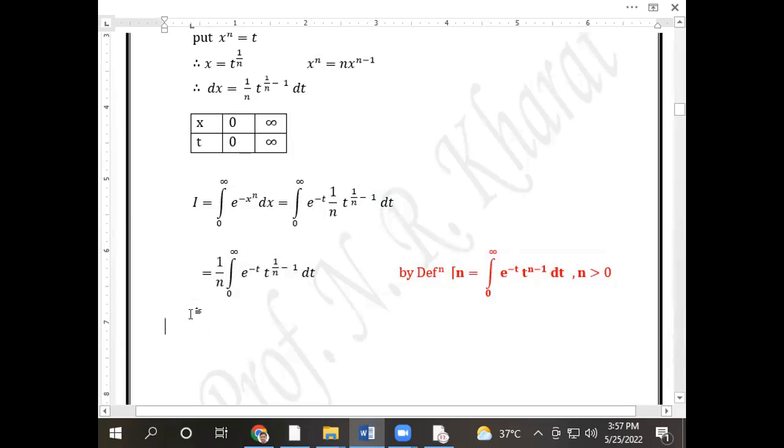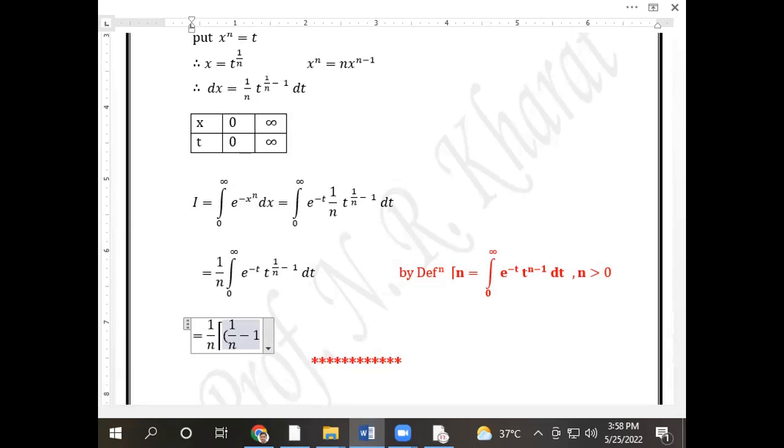So the final solution of such an example is 1 upon n, gamma of, the index 1 upon n minus 1, then we have to add 1 to that, and close the bracket. So this is the actual term by using the definition.